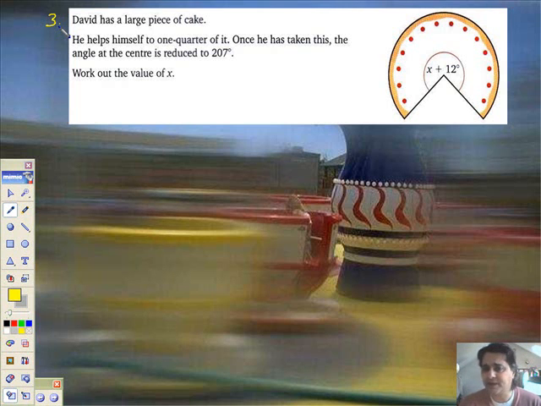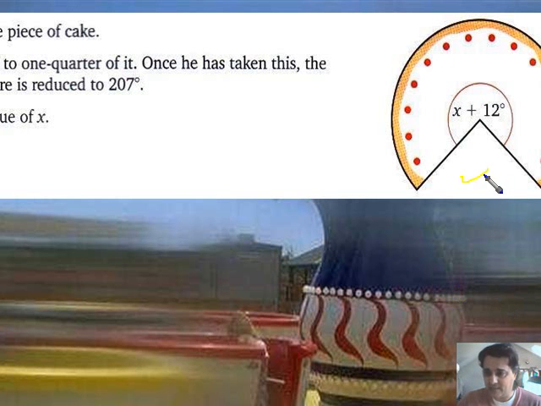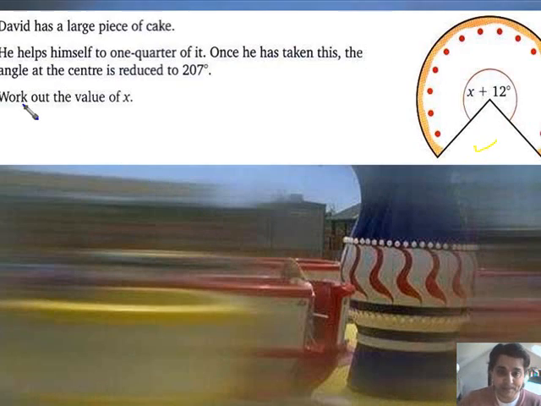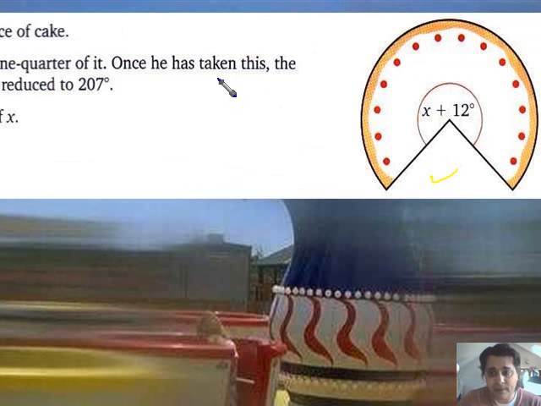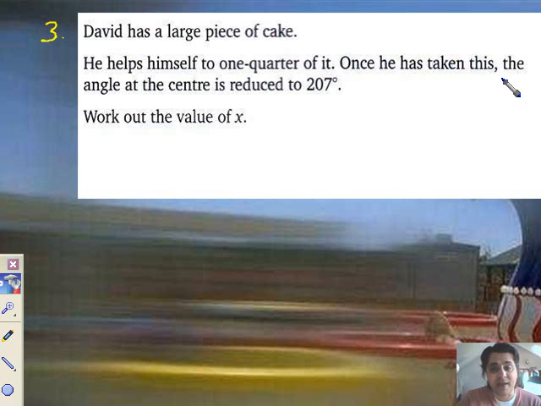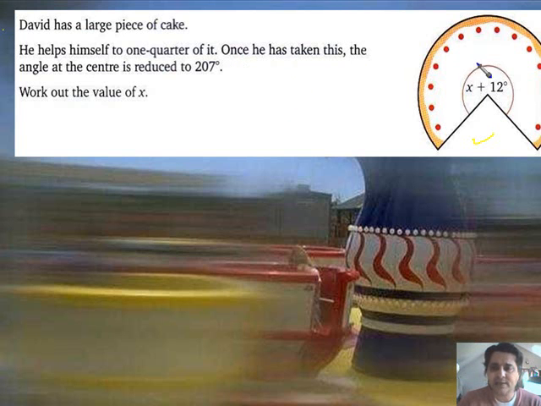Now David has a large piece of cake. Please note it doesn't say a whole piece of cake. He has a large piece of cake, and this piece of cake has been drawn for us right there. He helps himself to a quarter of it. Once he has taken this, the angle at the centre is reduced to 207. So I've got to take a quarter of this.